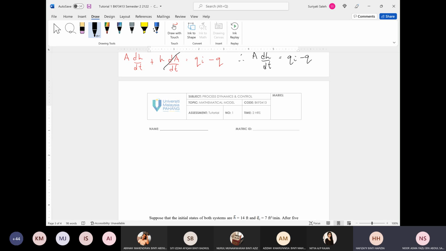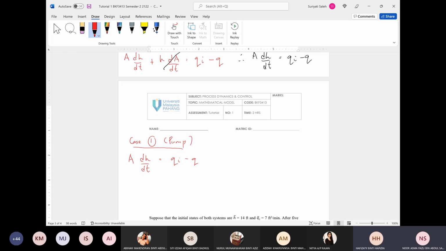So in case study 1, by using the pump, you have A dH over dt equal to Qi minus Q. Based on this mathematical model, we will cover the step on solving the given mathematical model.